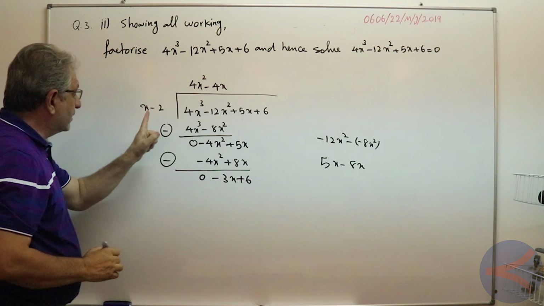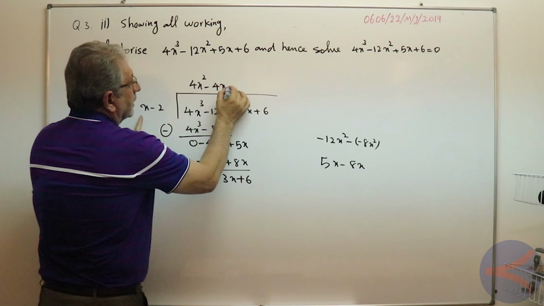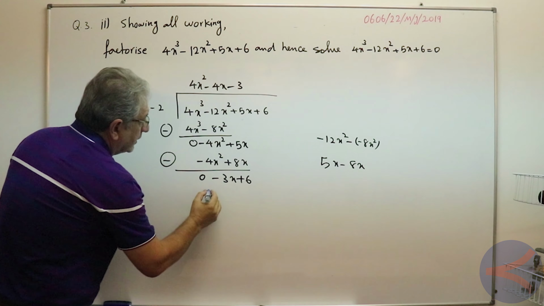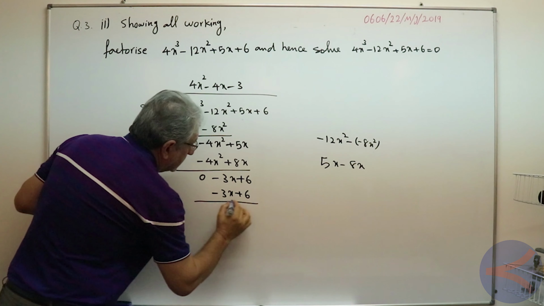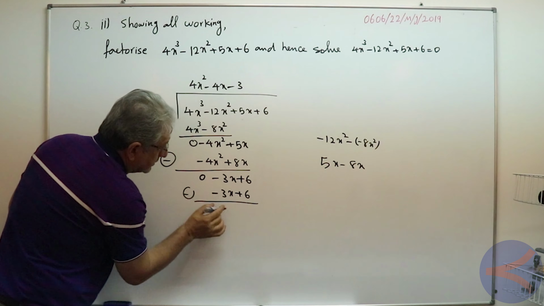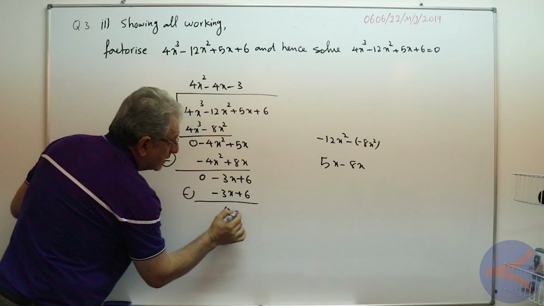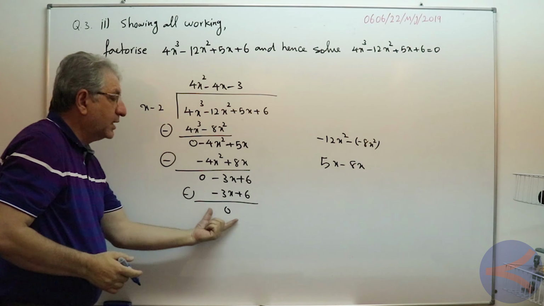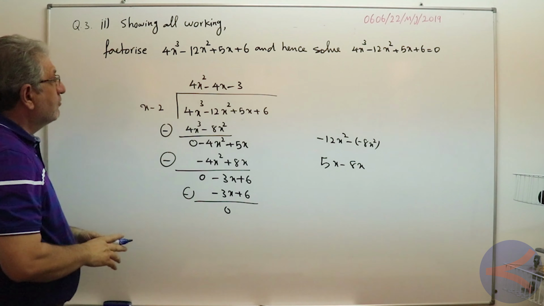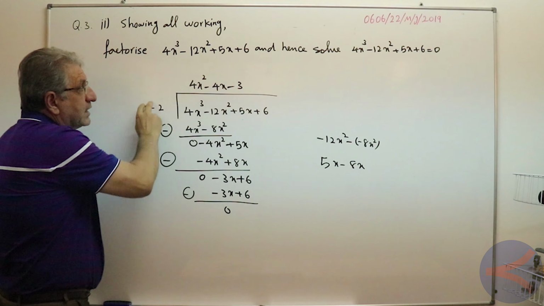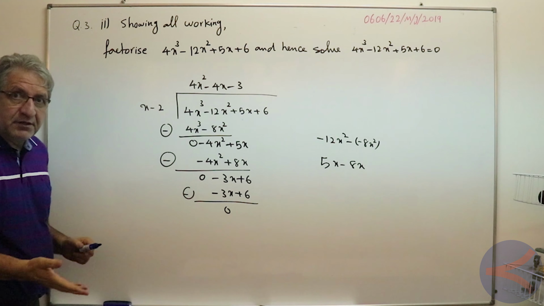Now this divided by this is negative 3. Now multiply here, you get negative 3x plus 6. Again subtract. This minus this is 0. This minus this is 0. Therefore the remainder is 0. We knew this. Now we know that this is one of the factors, and this one will be the other factor.